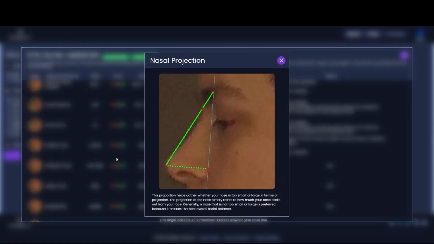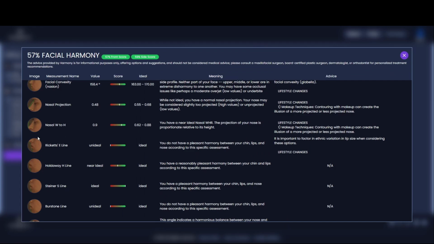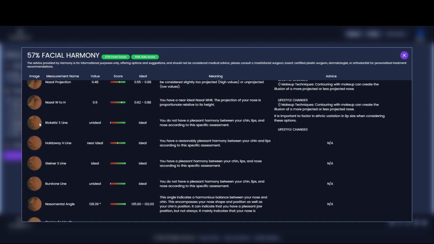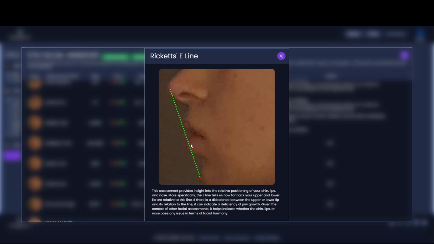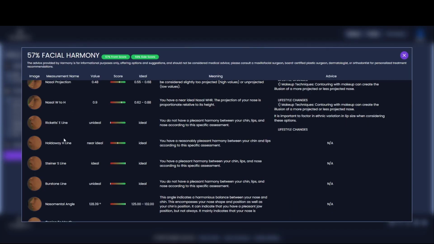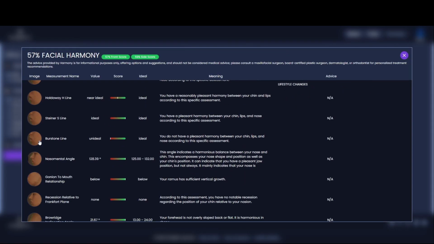His nose is not that prominent, which actually harmonizes with his face. His lip assessments are not great because you can see his lower lip is quite prominent, and that usually comes along with malocclusion, and the same for this as well.